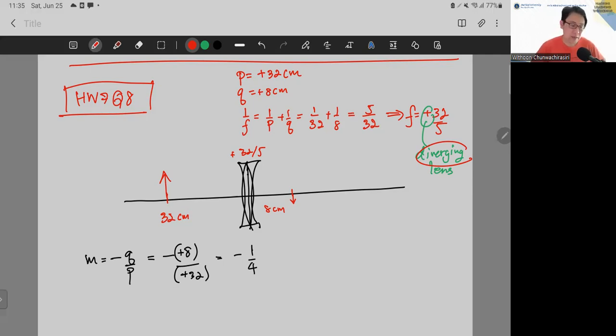But the one that's complicated is when you have the composite system, when you have a 2 lens system in a microscope or telescope, where the image from the first lens is treated as an object for the second lens, and then you find the final image. That's already good in terms of knowing how to apply mirror equations and lens equation in that type.